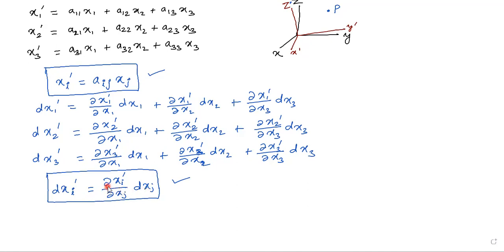Okay, because dou xi prime by dou xj, if I actually perform this partial differentiation, I'll get an equation of this form.